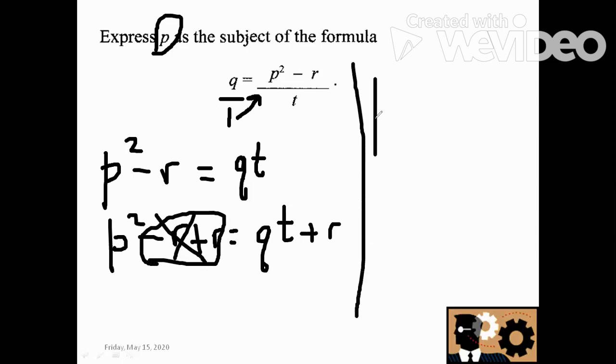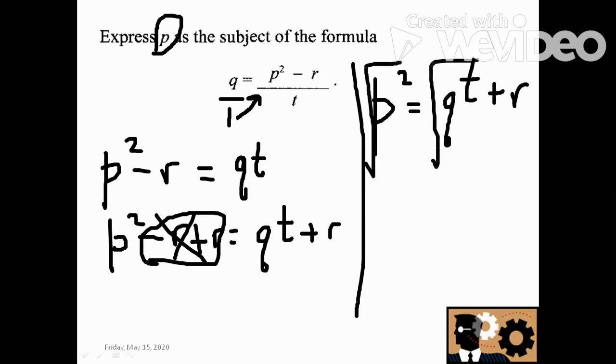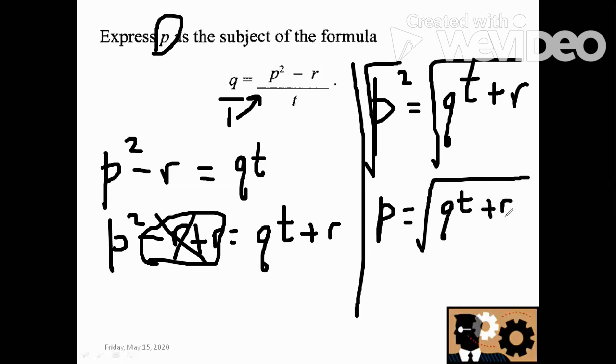So we end up with p squared equals qt plus r. Now to get rid of a square, we're gonna square root. So we square root the left side and we square root the right side. So that will give us p. So p is equal to the square root of qt plus r.